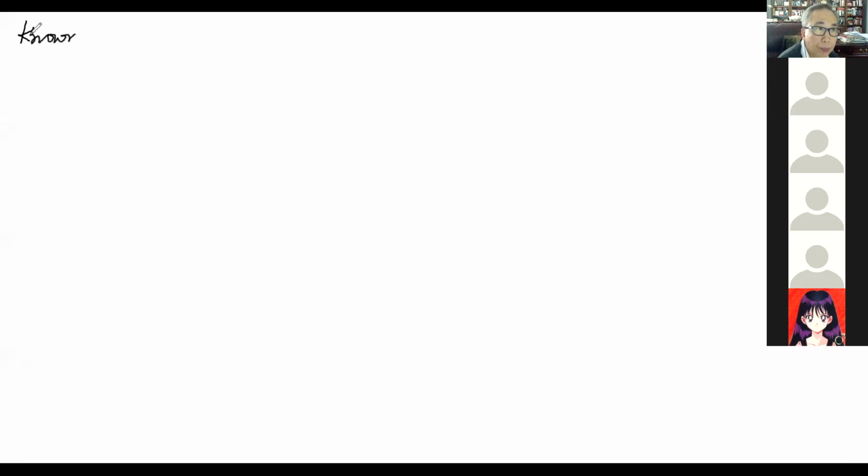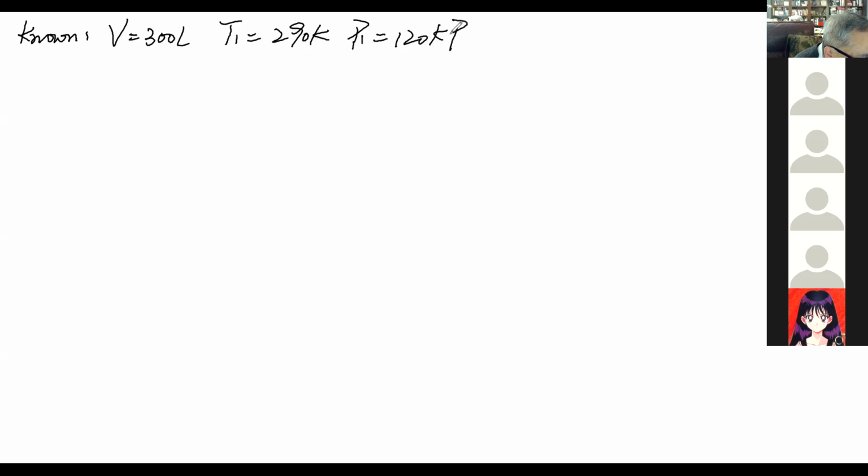Okay, for this problem, we know the volume is 300, and T1 is given, P1 is 120 kilopascal, and I think Q dot is 200 watt, and the time, and it is ideal gas.